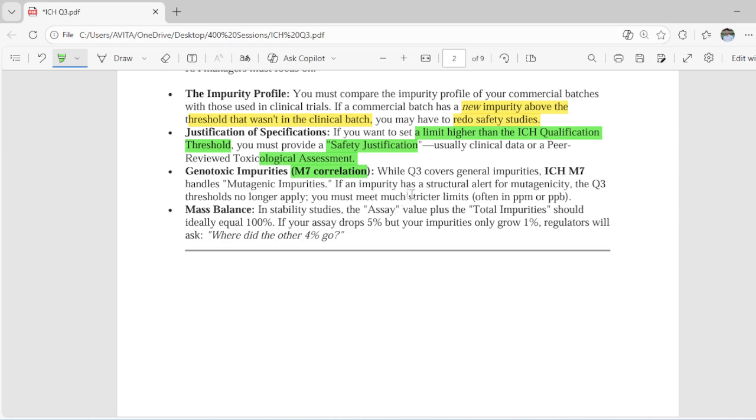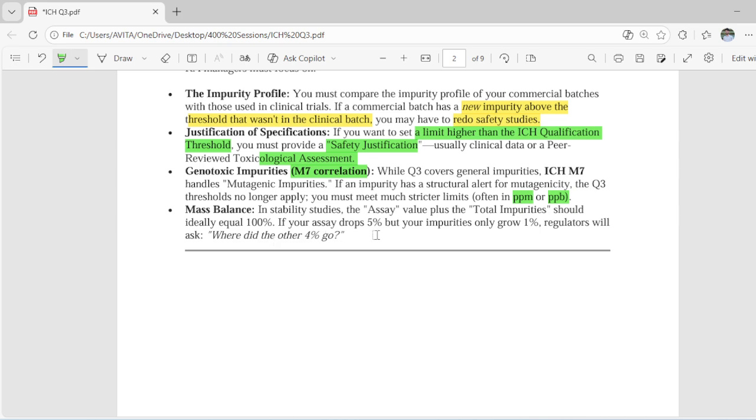While Q3 covers the general impurities, ICH M7 handles the mutagenic impurities. If an impurity has a structural alert for mutagenicity, the Q3 thresholds no longer apply. You must meet much stricter limits, which can be in ppm or ppb, parts per million or billion.